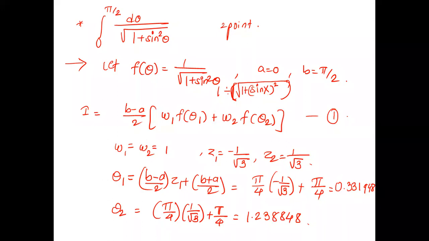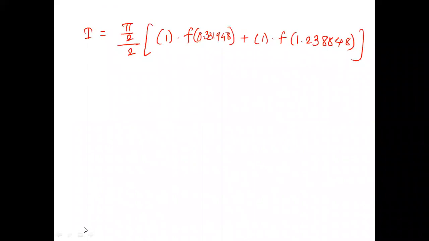Press calculate and calculate for this theta, 0.331948. 0.950786. Correct. So you will get f of theta 1 as 0.950786. Now calculate for this value, 1.238848. 0.726663.